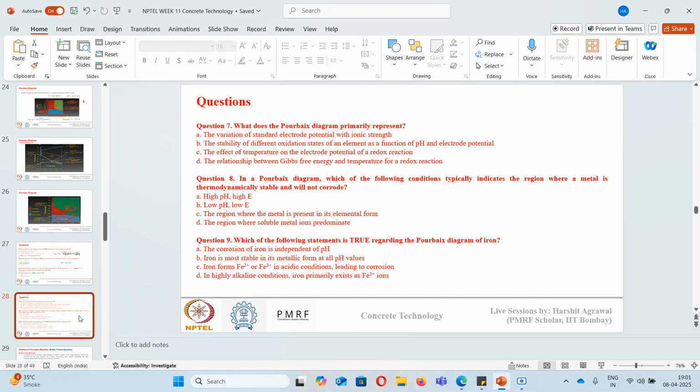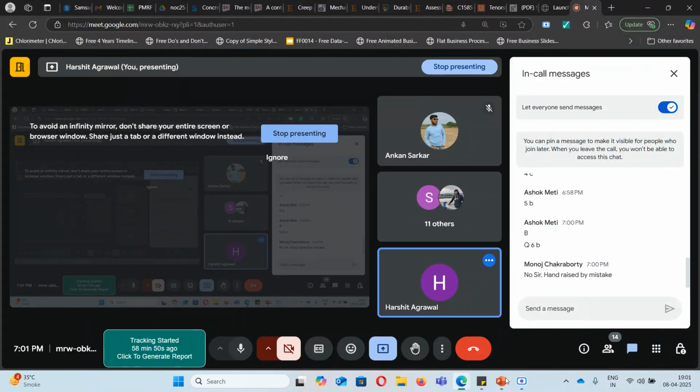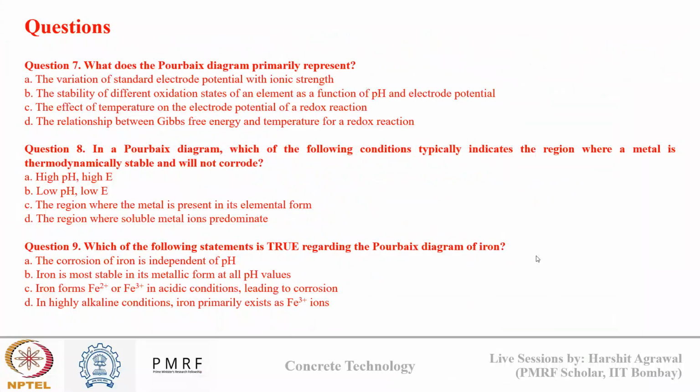Now try to answer these three questions related to the Pourbaix diagram quickly. Manoj, just try to answer these three questions quickly. What does a Pourbaix diagram primarily represent?